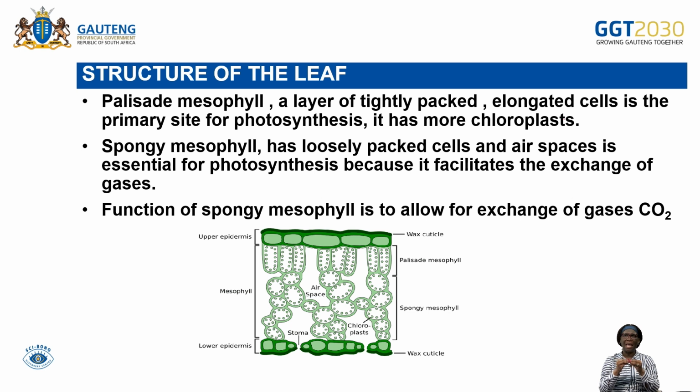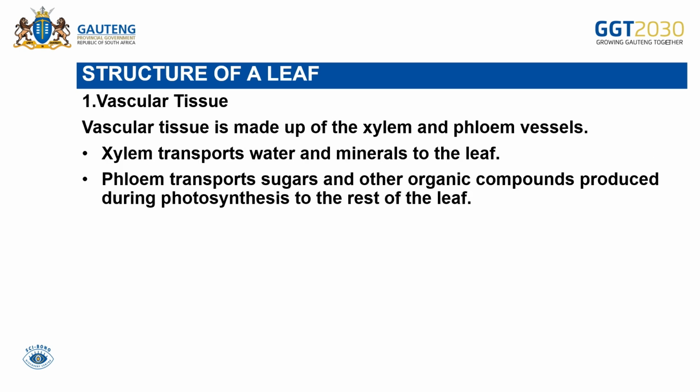Having more chloroplast means more photosynthesis will occur. Spongy mesophyll has fewer chloroplasts because it has some air sacs or air space. The air space will allow the exchange of gases. The lower epidermis has the opening known as the stoma or the stomata. We will learn about the stomata as the part where gaseous exchange will take place.